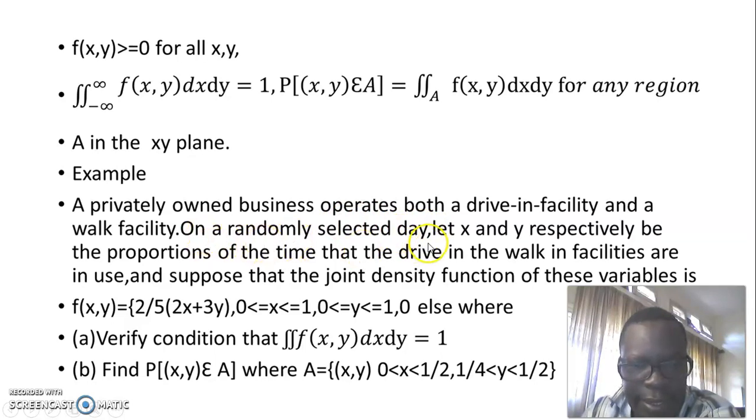On a randomly selected day, let x and y respectively be the proportions of the time that the drive-in and the walk-in facilities are in use, and suppose that the joint density function of these variables is as follows. f of xy is equal to 2 out of 5 into 2x plus 3y, where x is ranging between 0 and 1, and y is also ranging between 0 and 1, and it's 0 elsewhere.